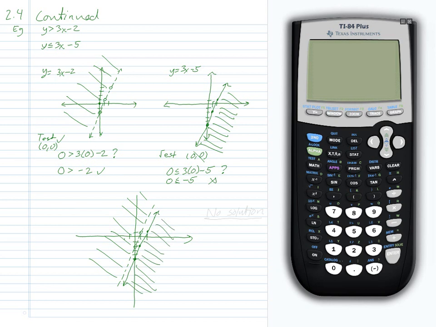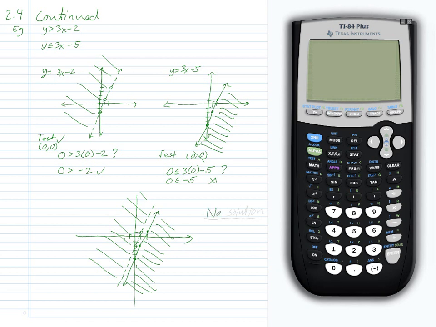Now, since these lines that demarcate the solution to each inequality are parallel, and solutions to one inequality lie above one line, but below the other line, looking at this supposed solution set, I can see that there is not a single point anywhere in the xy plane satisfying both inequalities.